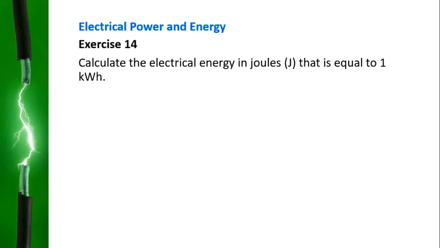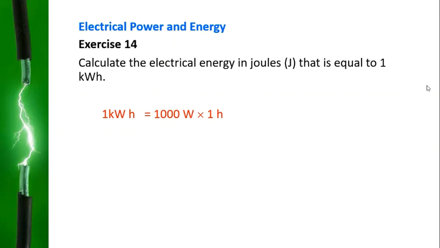Let's look at exercise 14. In exercise 14, we are to calculate the electrical energy in joules that is equal to 1 kilowatt hour. First, 1 kilowatt hour equals 1 kilowatt multiplied by 1 hour, which is 1000 watts multiplied by 1 hour. Next, we need to change watts into joules per second.